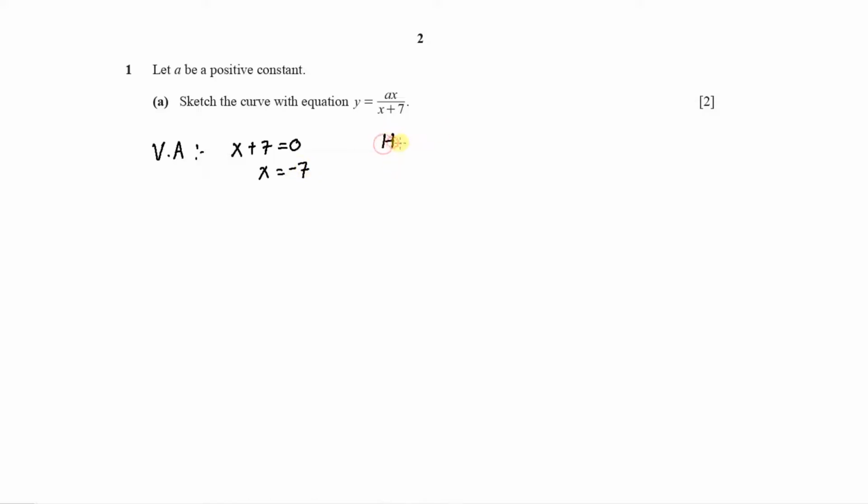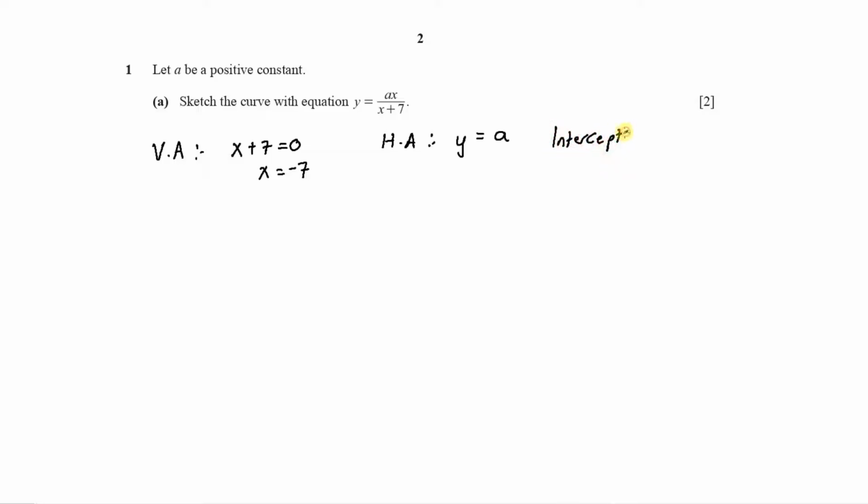Then for the horizontal asymptote, you simply have to look at the degree of the numerator and that of the denominator. We can see that the degree of the numerator is the same as the degree of the denominator. So here you just divide the coefficients. That's a over 1, so y is equal to a. And then you also have to consider the intercepts.